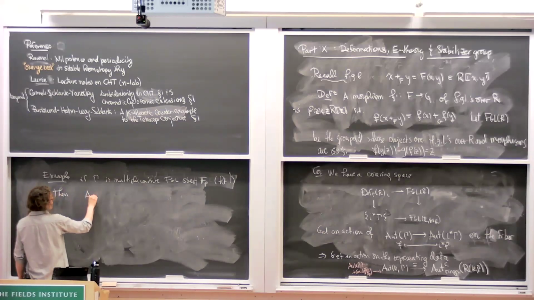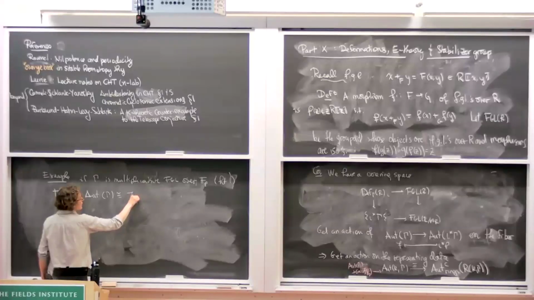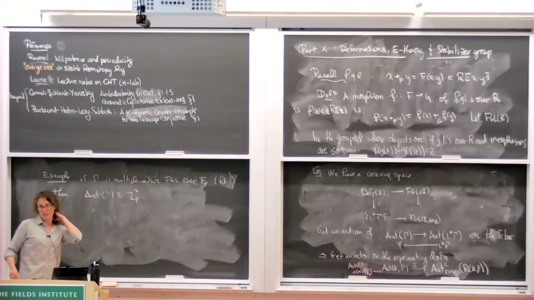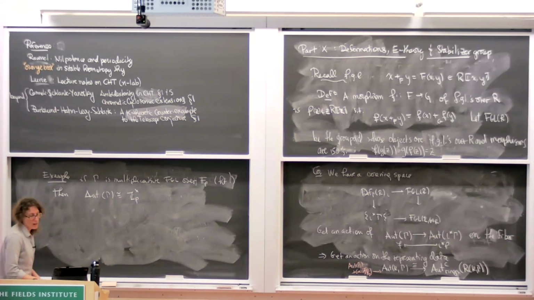So then the automorphisms of gamma are actually isomorphic to the units in the p-adics, it turns out. So for every unit, there's a way to write a power series that commutes with the multiplicative formal group law.